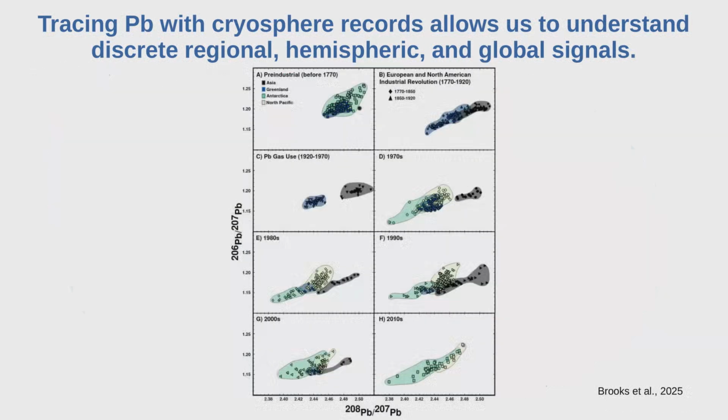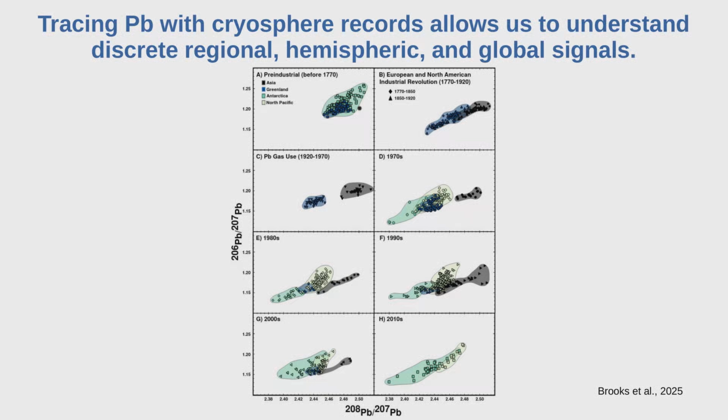So what we know from all of these sites that we've previously looked at and those published records is that we can see that there's been a distinct change in the amount of lead as well as the lead isotope ratios recorded at these locations on the globe through time. So in this plot, we have the ratio of lead 206 to 207 on the y-axis, and we have 208 to 207 on the x.